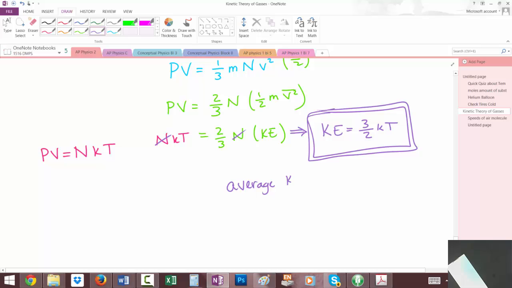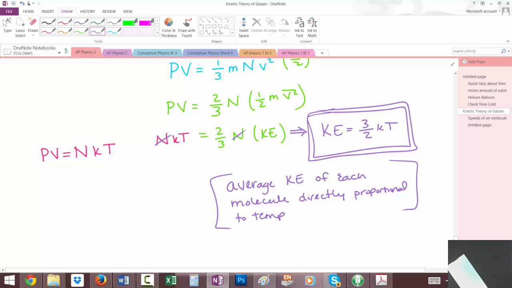We'll just say the average kinetic energy of each molecule is directly proportional to the temperature. So it's not just something your chemistry or physics teacher tells you. It for real actually does happen.